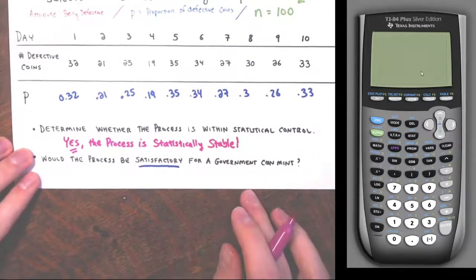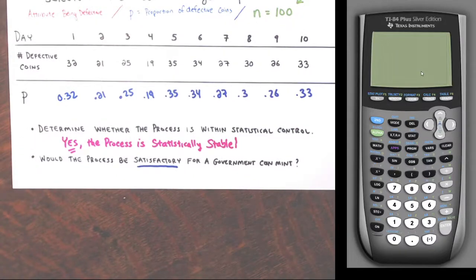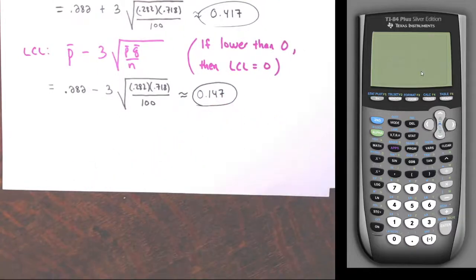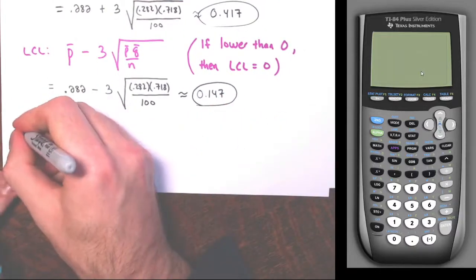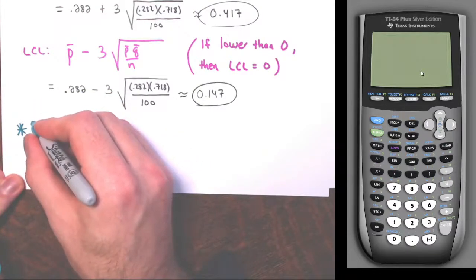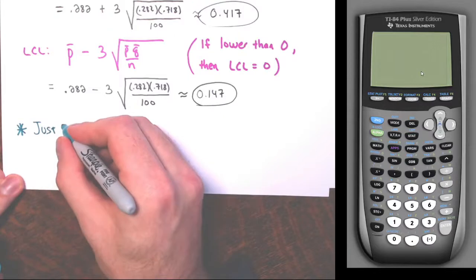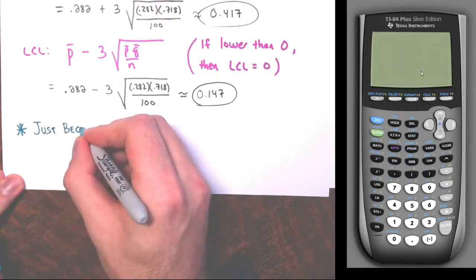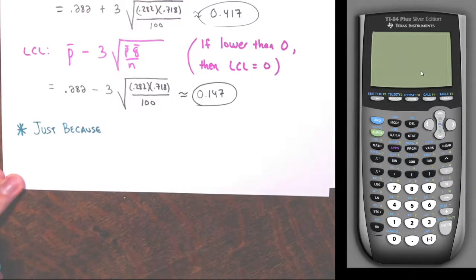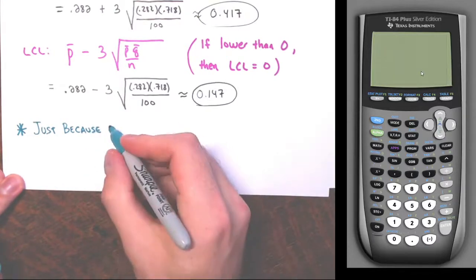All right, now here comes the big part though. I mentioned this earlier. Big note, big note. I'm going to put it at the bottom here. Just because a process is in control doesn't mean that it's a desirable process.